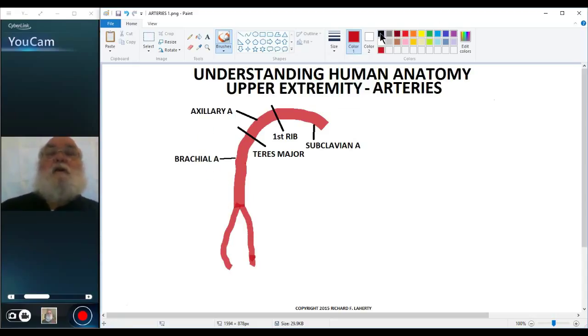The lateral artery is the radial artery.